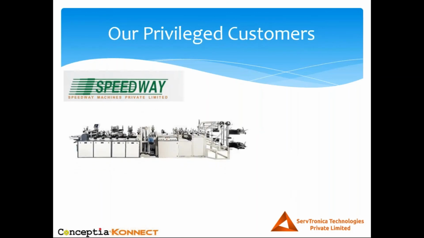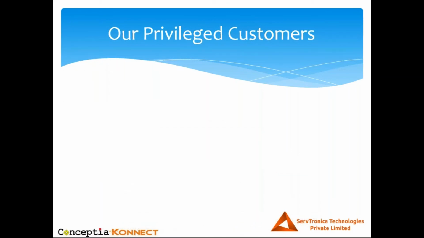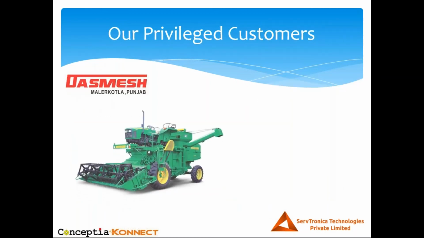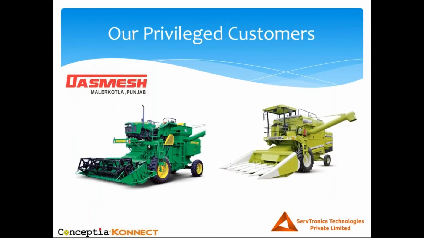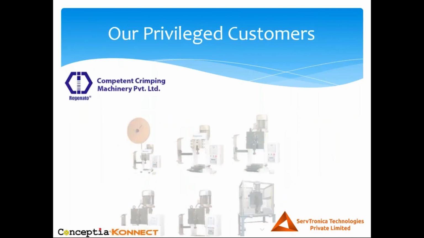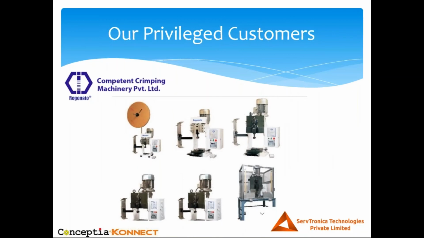Speedway Machines is into the manufacturing of pouch making machines. Mugro is into the preparation of conveyors, automation lines, robotics, etc. Dashmesh is into the manufacturing of agricultural equipment. Competent Crimping Machinery is into the manufacturing of crimping tools, wire crimping tools, and wire crimping machinery.